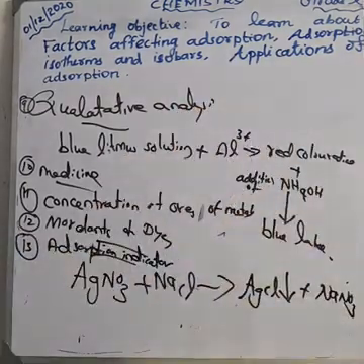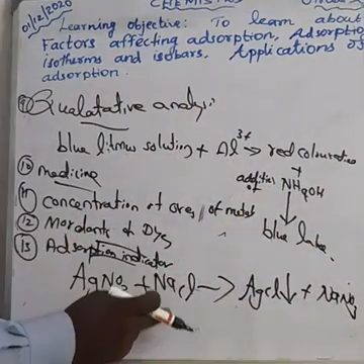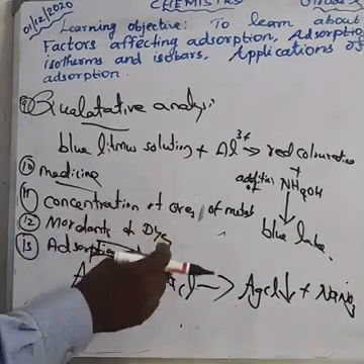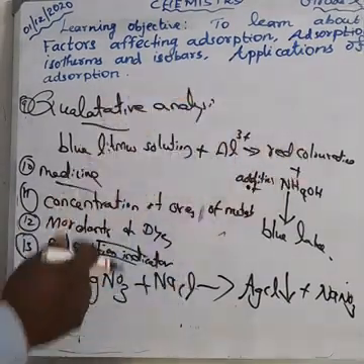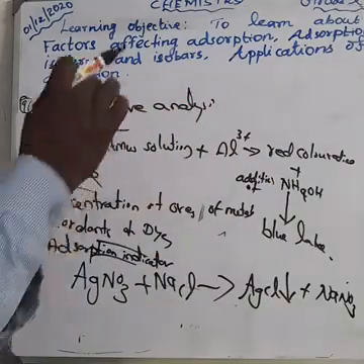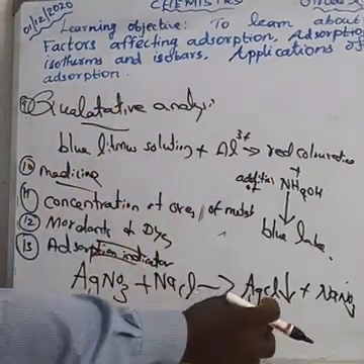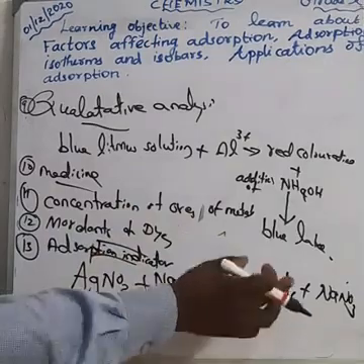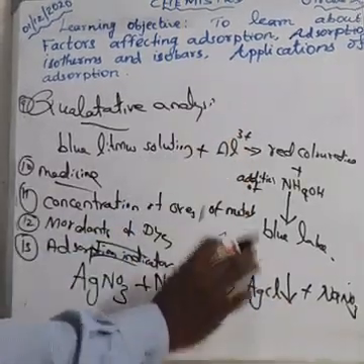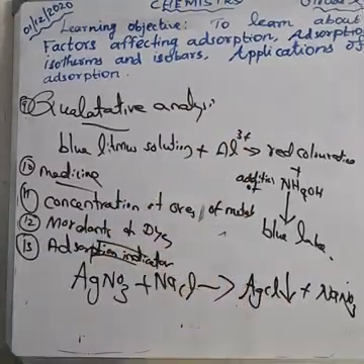The end point is indicated by an external indicator, which changes color after adsorbing this precipitate. This is used to indicate the end point of the titration.